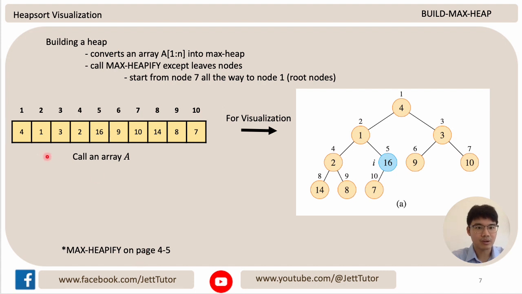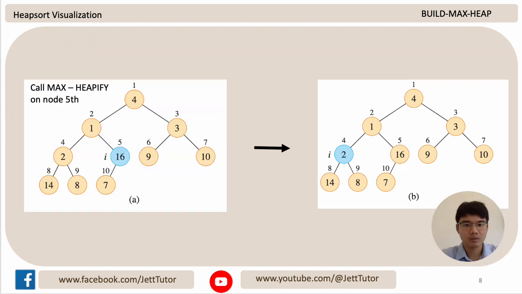So for the array A, as you can see on the left, if we want to visualize it in a binary tree version, it's like this. It's been constructed from the index order from 1 to 10. By the way, why don't we call the heapify function on nodes 9, 8, and 10?